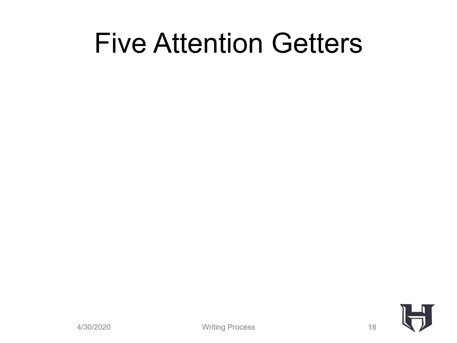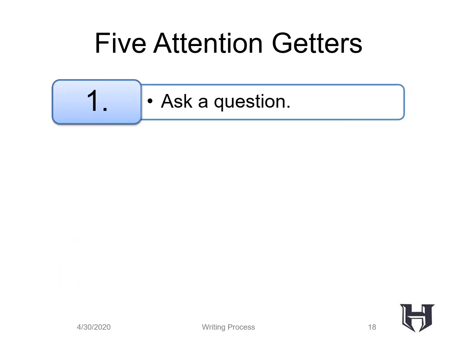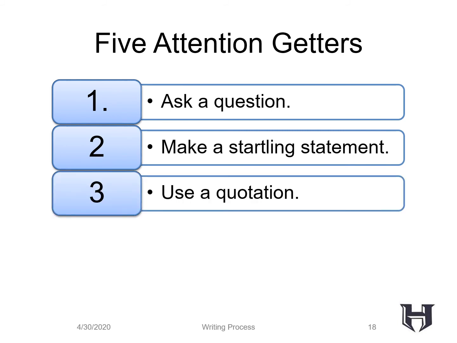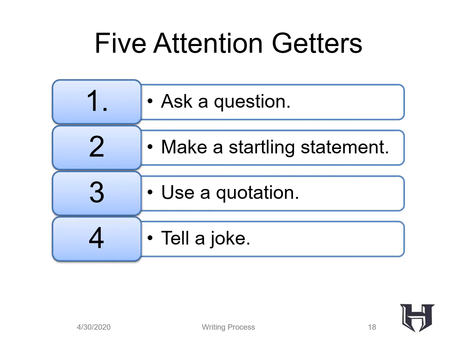There are 5 different kinds of attention-getting devices. You could ask a question, then your essay answers the question. You could make a startling statement, something that maybe your reader didn't know and just kind of blows their mind. You could use a quotation. This works really well in an academic essay. You could tell a joke. This doesn't work so well in an academic essay.